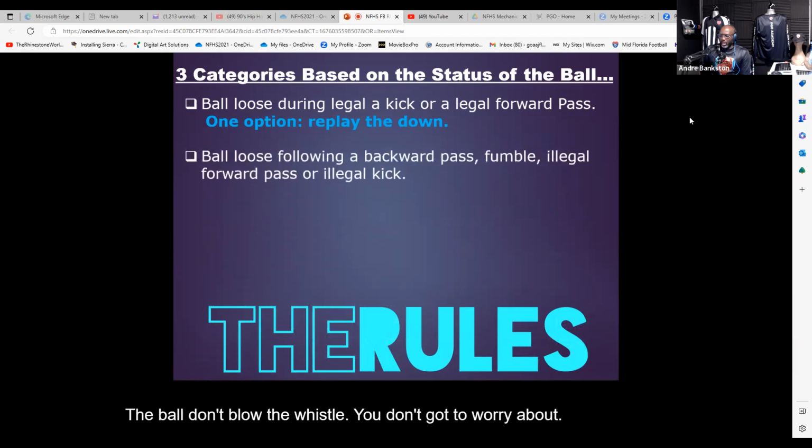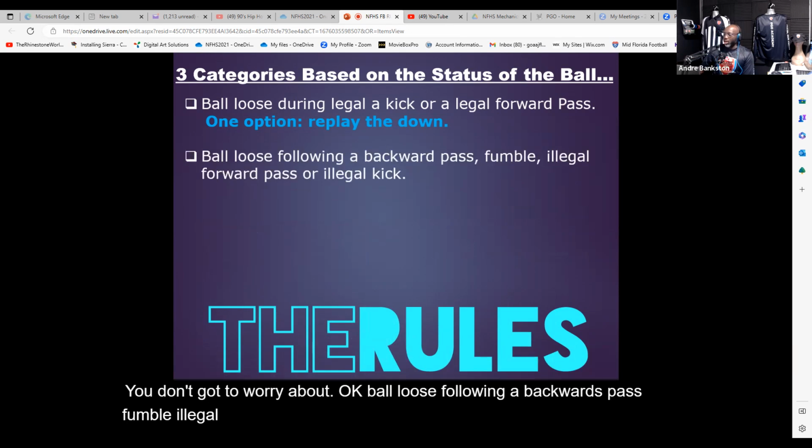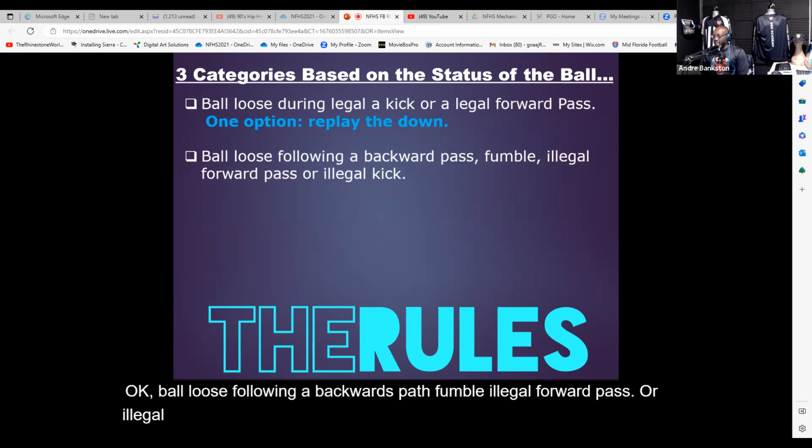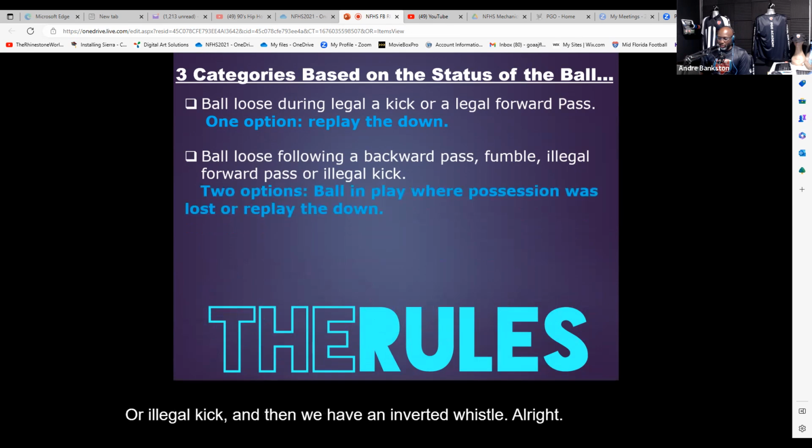Okay. Ball loose following a backwards pass, fumble, illegal forward pass, or illegal kick, and then we have an inadvertent whistle. All right. We have two options: the ball in play where possession was lost, or replay the down.